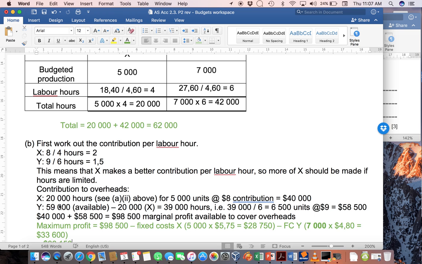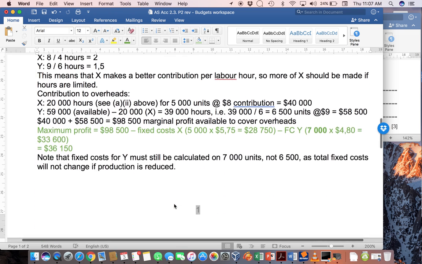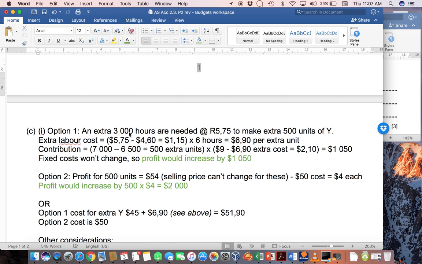Or you could look and say the 62,000 total needed minus the 59,000 that is available means 3,000 labor hours are required. Now, if I employ staff at $5.75 instead of the $4.60 to make the extra 500 units of Y that we need, my extra labor cost is going to be the difference of $1.15.